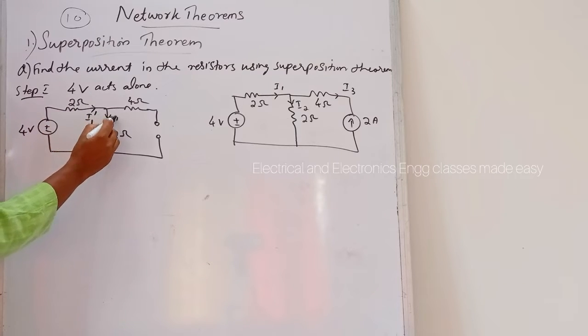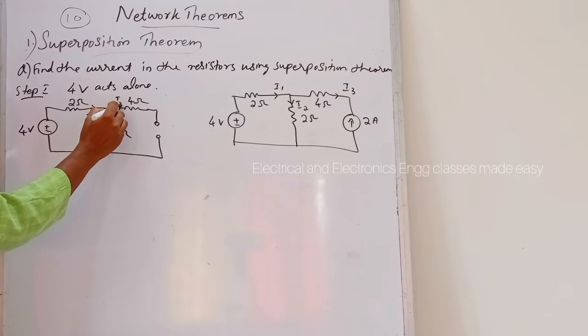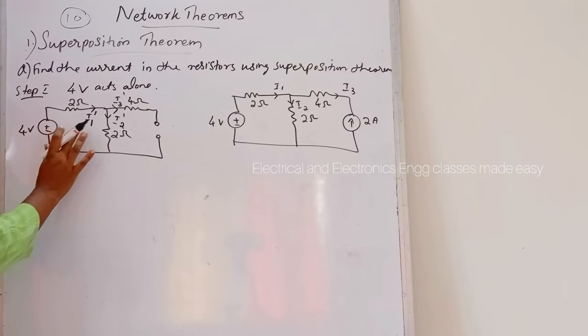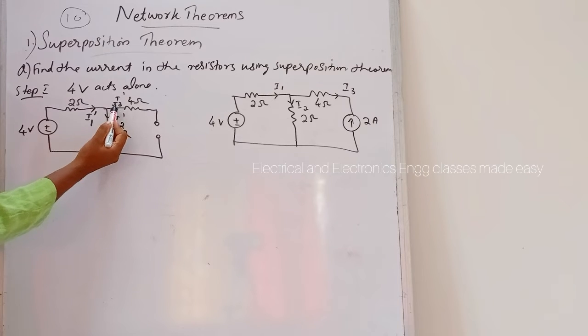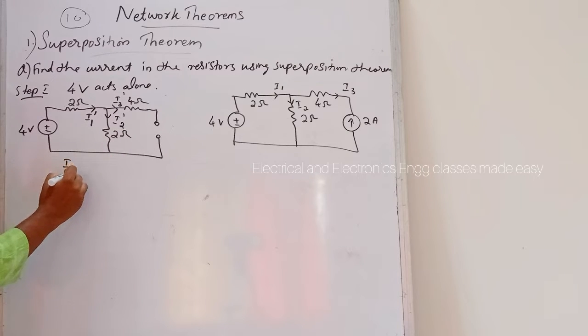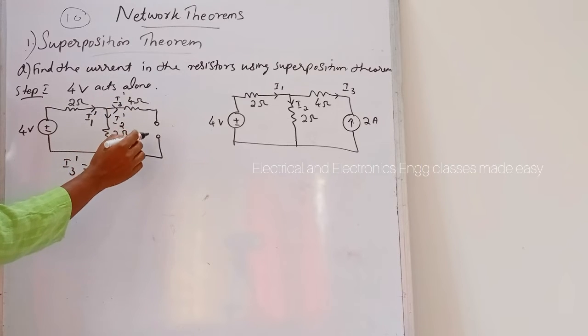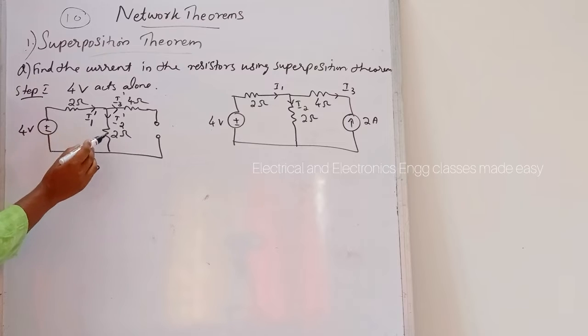Then here this is I2 dash, then I3 dash. Now we have to find each branch current. Here we can write I3 dash is equal to 0 because this branch is inactive. Now we have to find I1 dash and I2 dash.